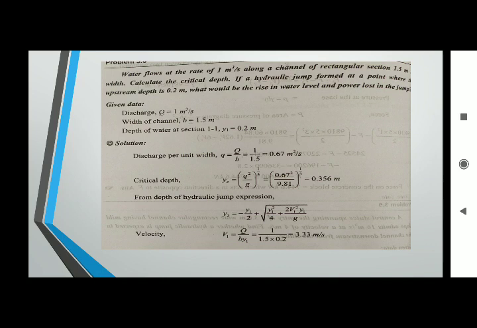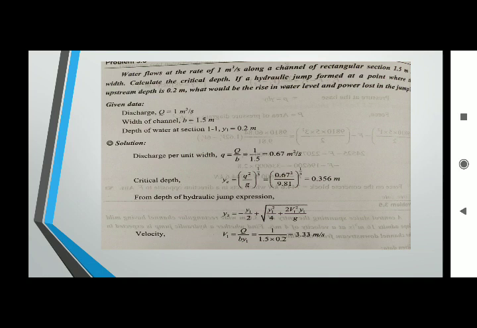Total discharge is 1, width is 1.5. Dividing both, I get discharge per unit width, small q, as 0.67 meter square per second. Discharge unit is meter cube per second, width is meter, so small q is 0.67 meter square per second.